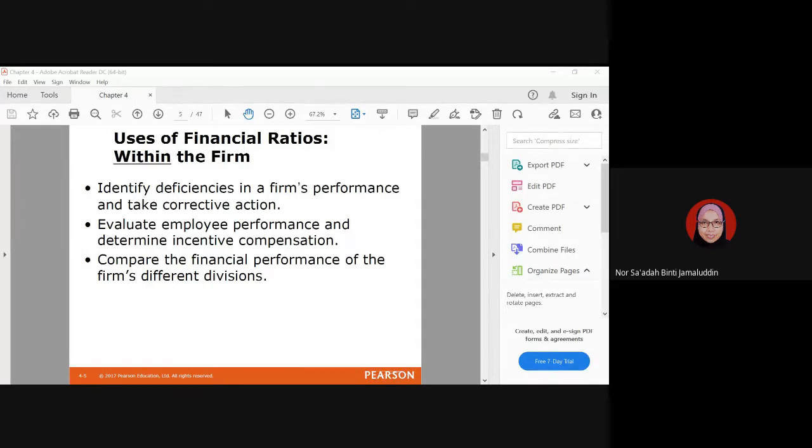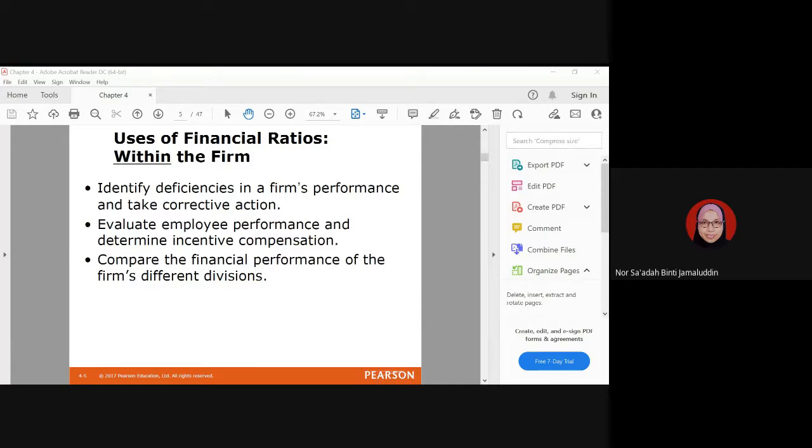Apart from that, financial ratios are also used to compare the financial performance of the firm's different divisions. Sebagai contoh, in our business there are many divisions, maybe finance division, marketing division, operation division, sales division, purchase division dan sebagainya.